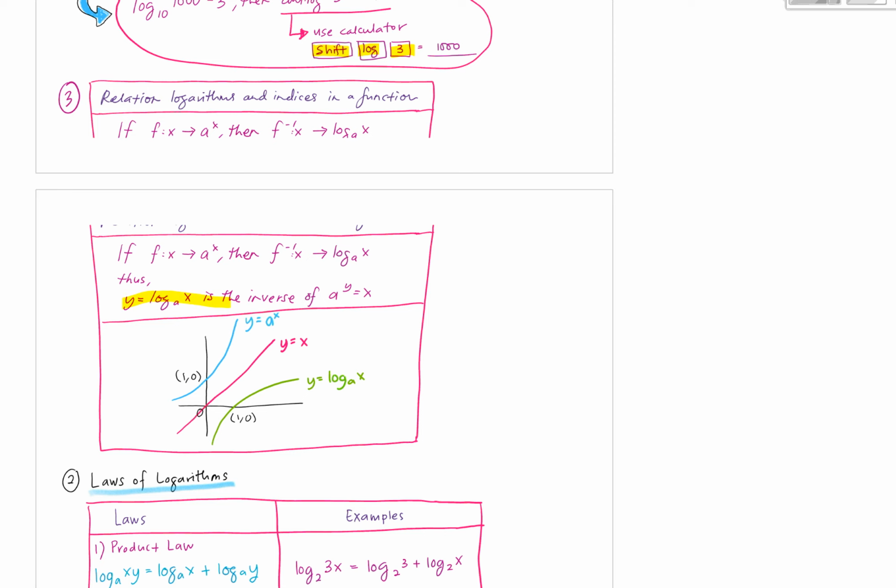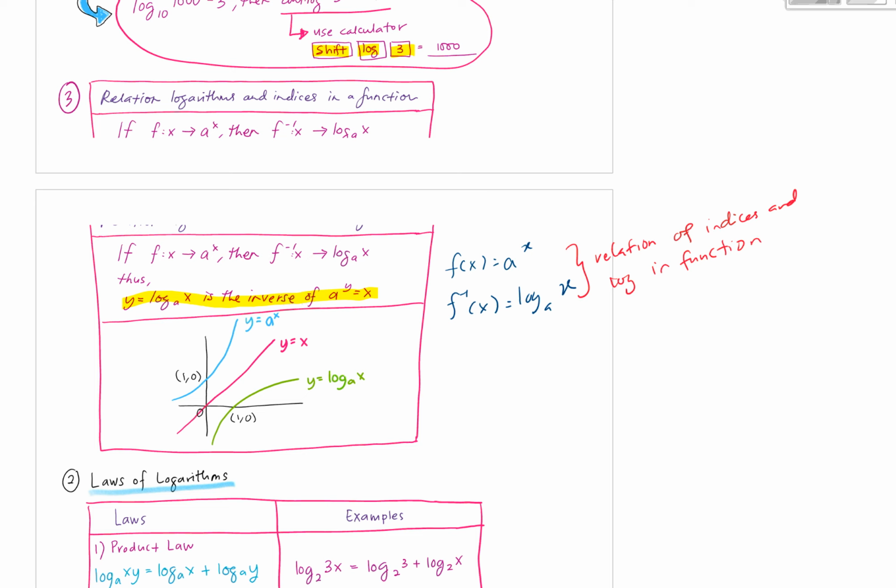Y sama dengan log A X is the inverse of A power Y sama dengan X. Ataupun kalau diberi kepada awak functionnya adalah f(x) sama dengan a power x, so inverse kepada a power x awak adalah log a x. Ini relation of indices and log in function.